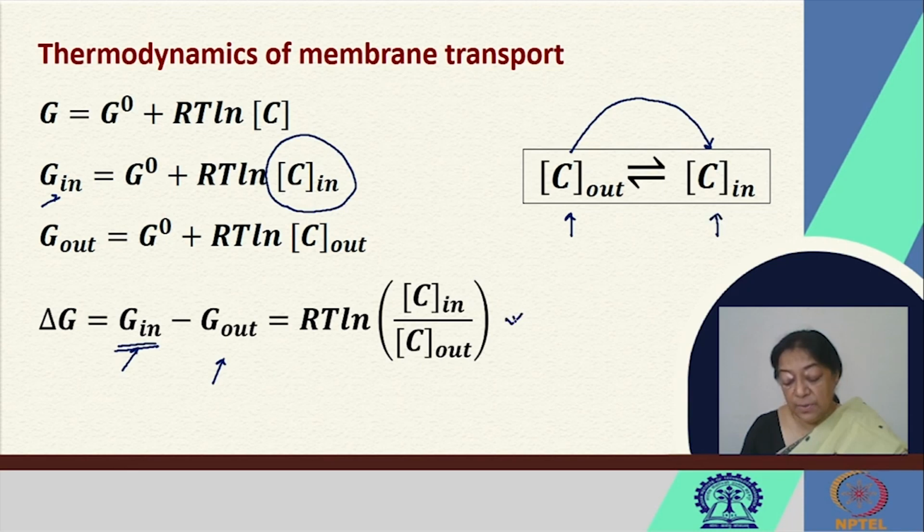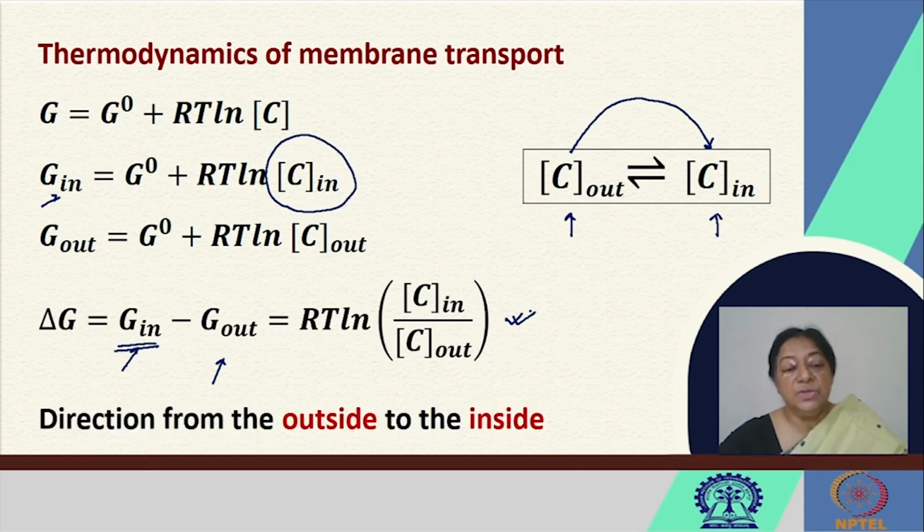So this gives our expression related to the delta G associated with the transfer, and we realize that if this transfer has to be spontaneous, then this value delta G has to be negative. So the direction here is from outside to the inside.